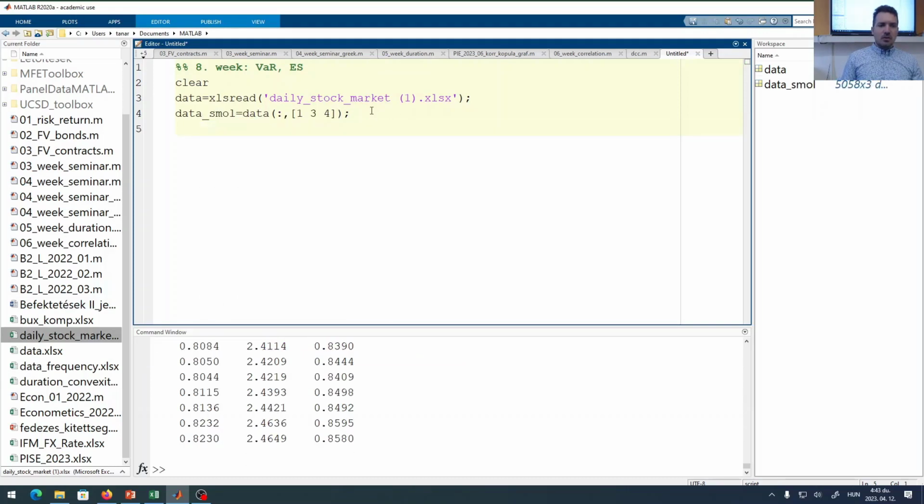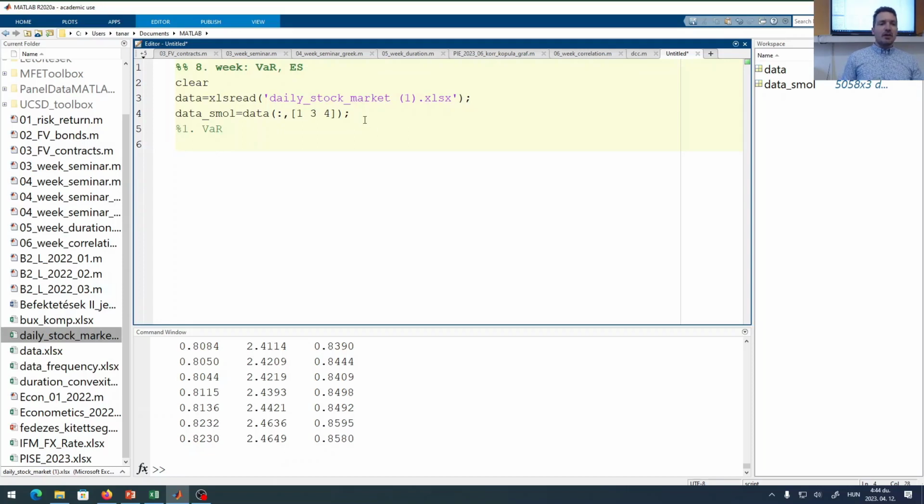Okay, we have a smaller data set, and after that let's see how we can calibrate a VaR model. The most simple thing is to define the thresholds.